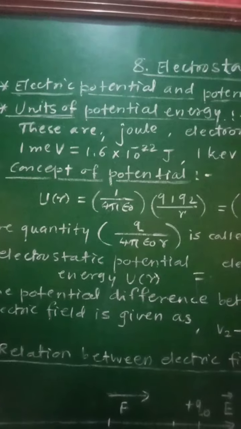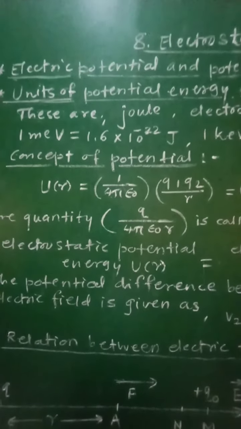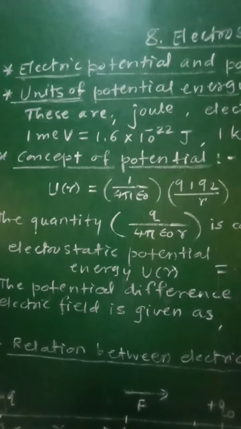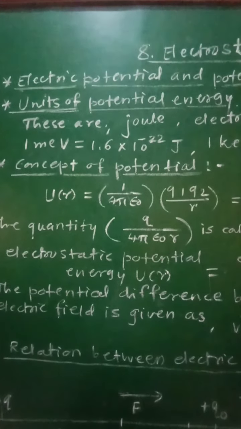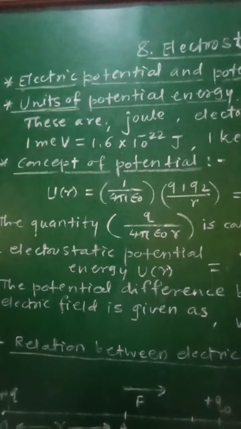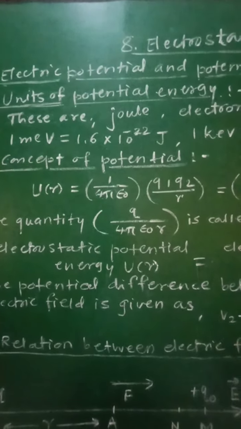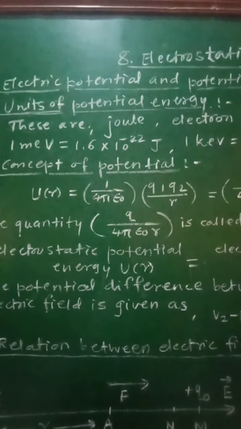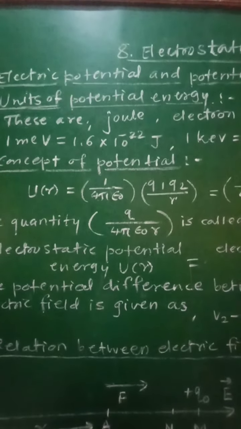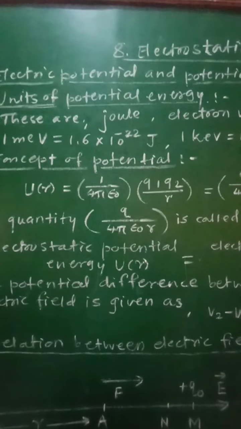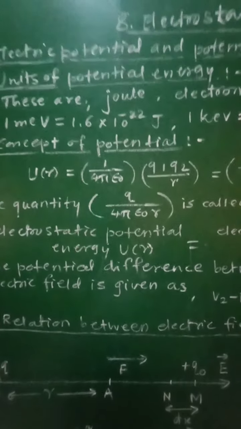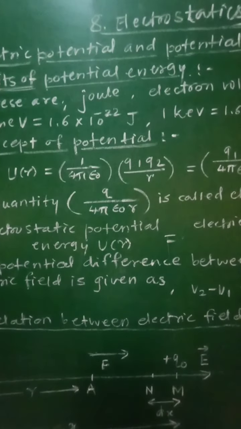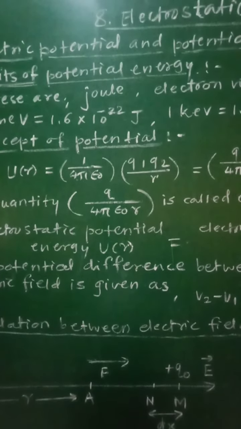The SI unit of potential energy is joule, and it can be defined as: 1 joule is the energy stored in moving a charge of 1 coulomb through a potential difference of 1 volt.